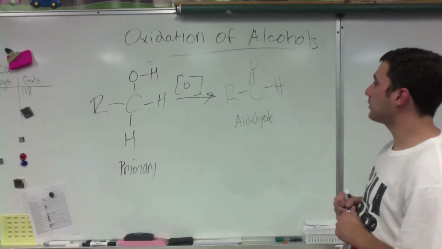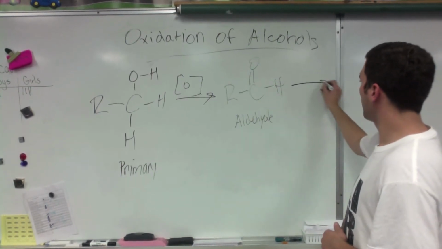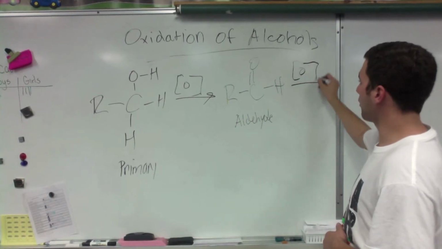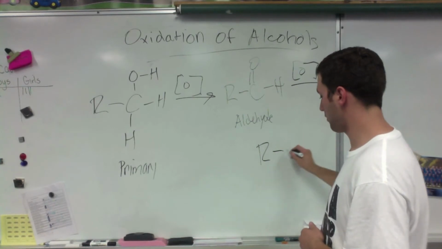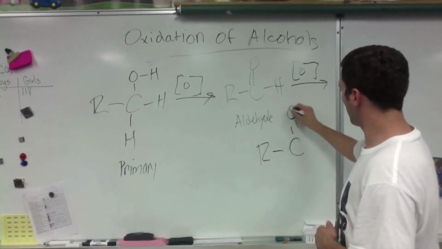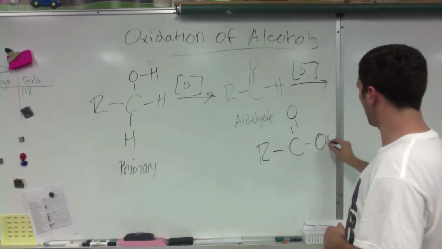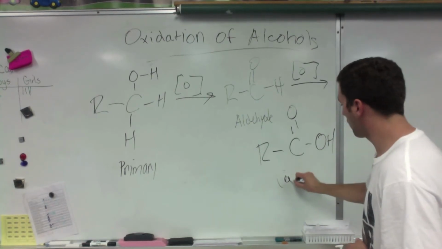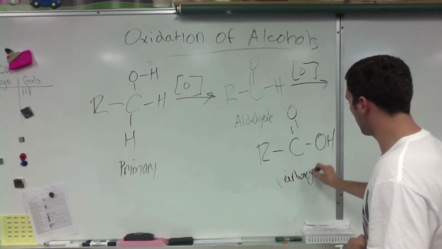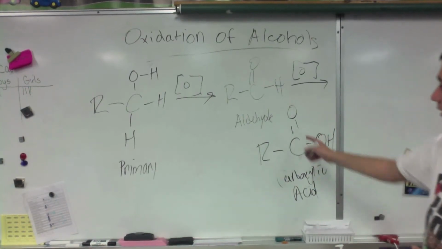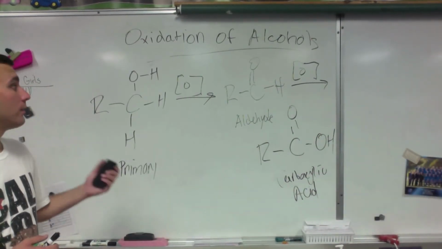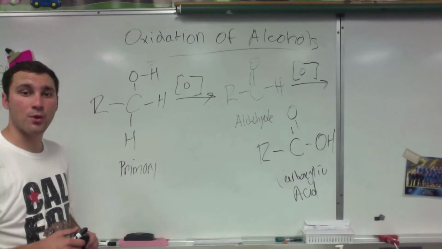Now taking that aldehyde and oxidizing it further forms a carboxylic acid, as seen here. Now that is an oxidation reaction of a primary alcohol.